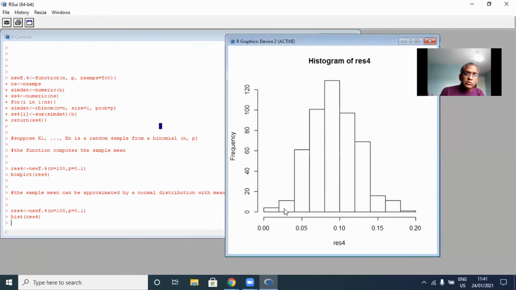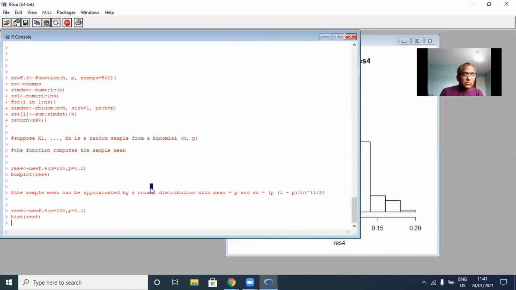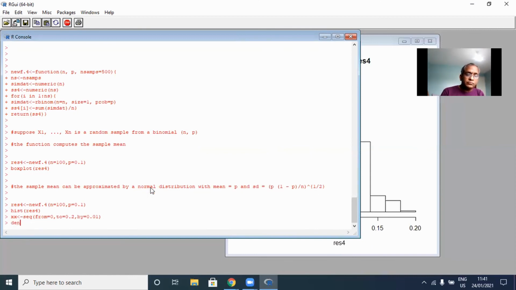The next thing I want to do is define the x values. The x values go from 0 to 0.2, so let's say a sequence from 0 to 0.2 in steps of 0.01. Now I'm going to compute the density values of the normal distribution at the x values.